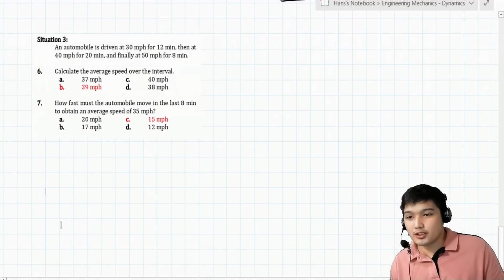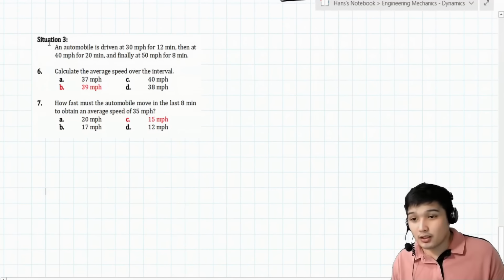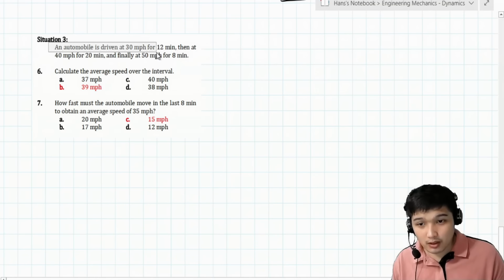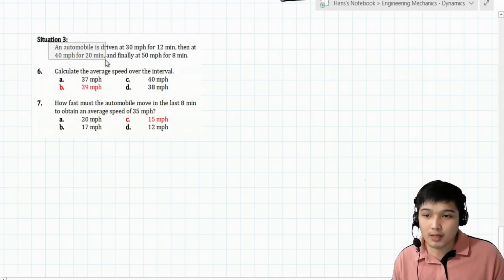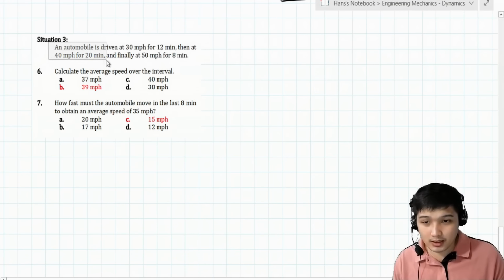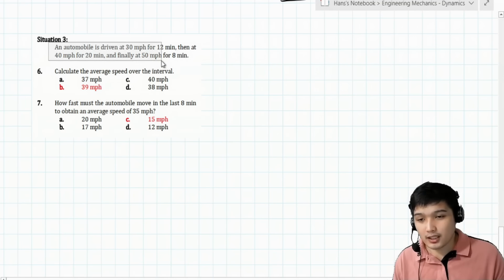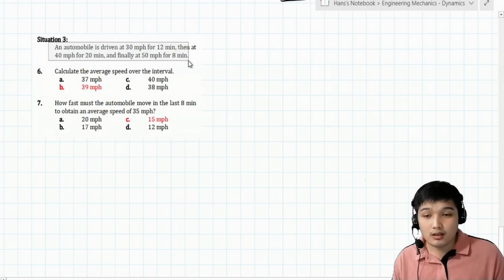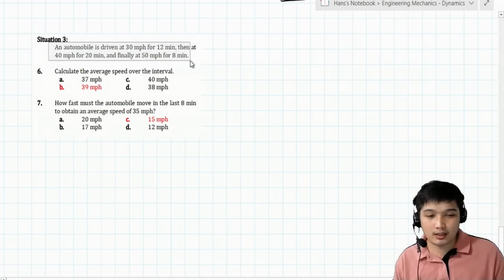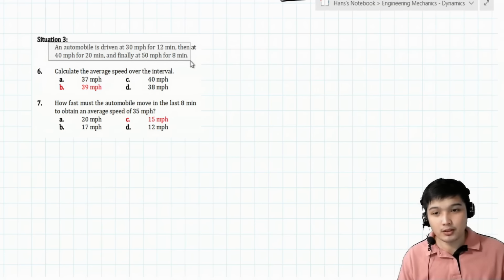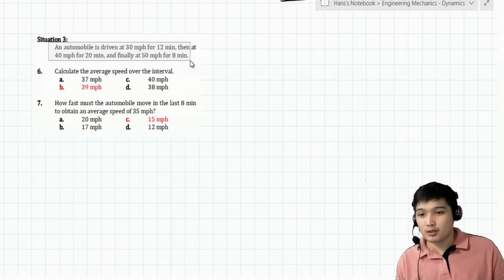Okay, so situation 3. It says here, an automobile is driven at 30 miles per hour for 12 minutes, then at 40 miles per hour for 20 minutes, and finally at 50 miles per hour for 8 minutes. So its motion keeps changing, but at specific time intervals its motion is actually constant.